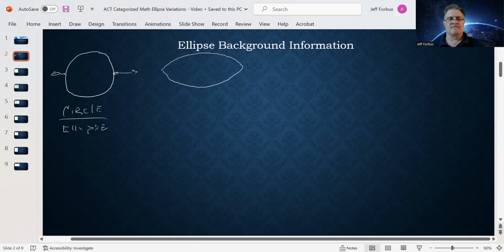Now, this ellipse can be drawn on a coordinate plane. I'm going to put 2 coordinate planes here.